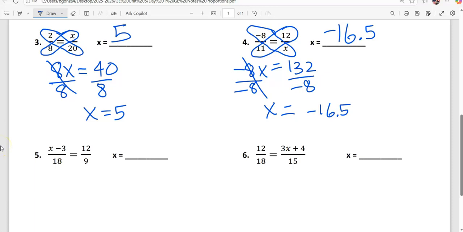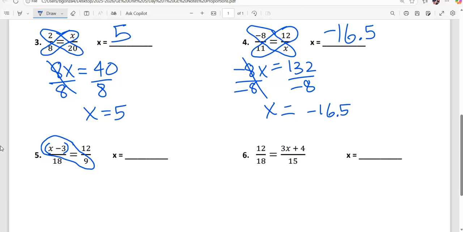Do you see the top of this, the numerator of this left fraction ratio is a binomial. There's 2 terms. So when you see 2 terms, put it in parentheses, and you got to treat it with parentheses, okay? So when I cross multiply this, I have this parentheses times 9. So how do I do that? Watch.